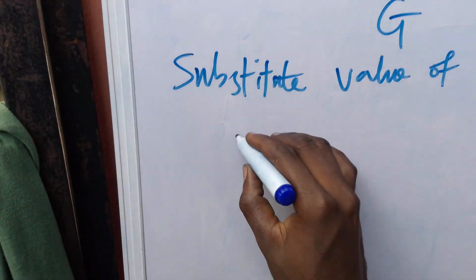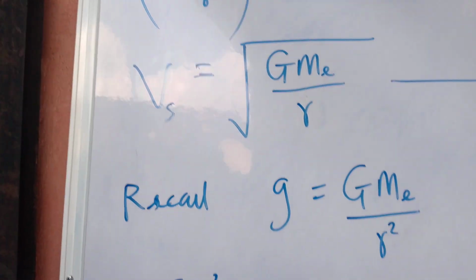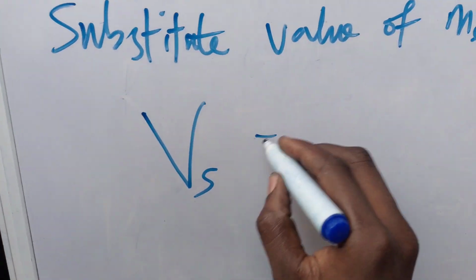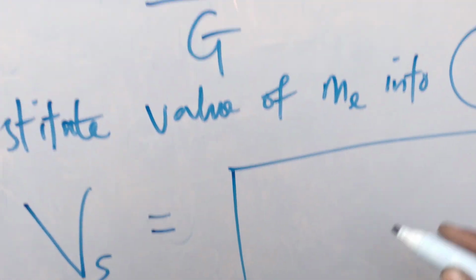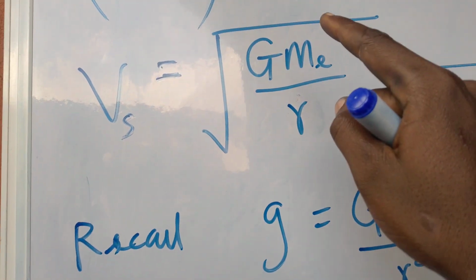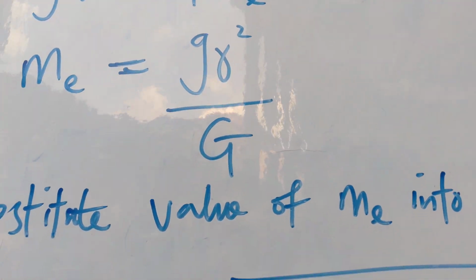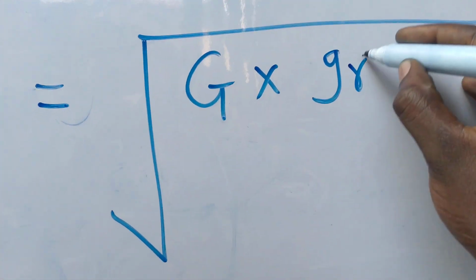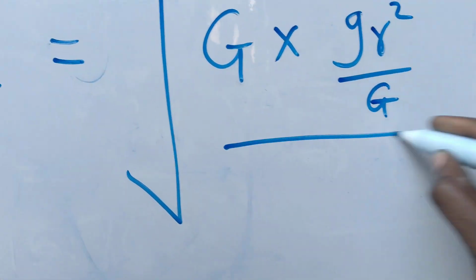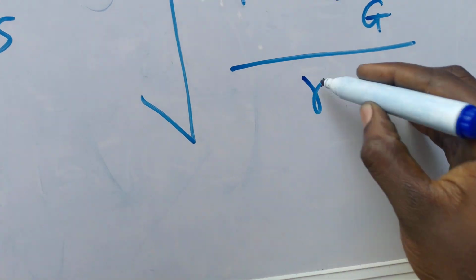I'll be having the velocity of the satellite as the square root of G times, now in place of the mass of the Earth, I will substitute g R squared over capital G, divided by the radius small r.